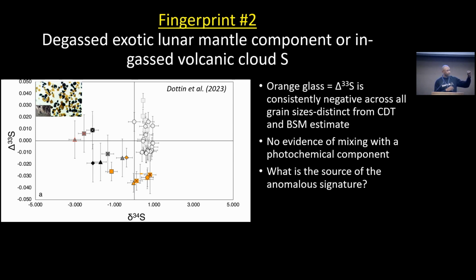Now, the values of the cap delta 33S in the orange glass beads are anomalous, and they don't change between the largest size fractions and the smallest size fractions. What we believe, or hypothesize, is the reason for this is that the lunar mantle has a distinct mass-independent sulfur component that is being erupted with these pyroclastic glass beads.